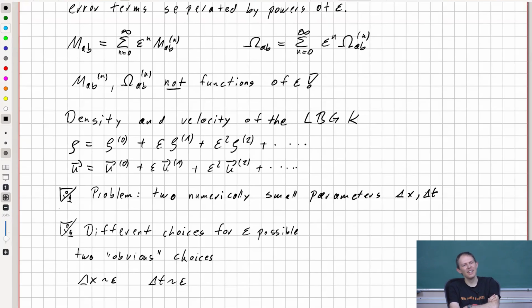Just saying that delta x and delta t cost the same, right? That would be one possibility. This has as a consequence that delta x divided by delta t would be independent of your smallness parameter. Is this good or bad?